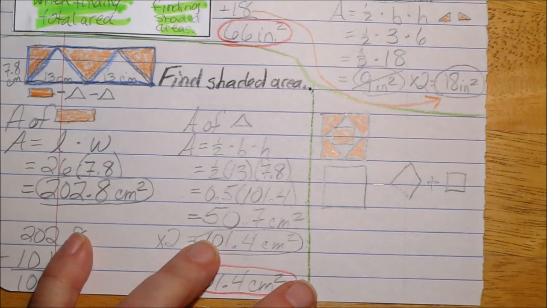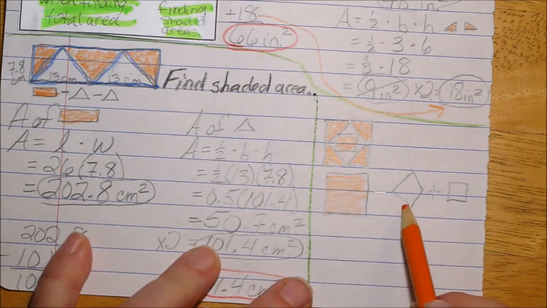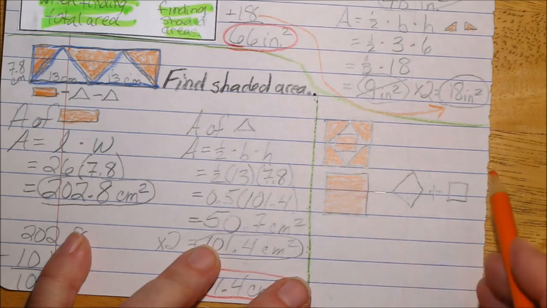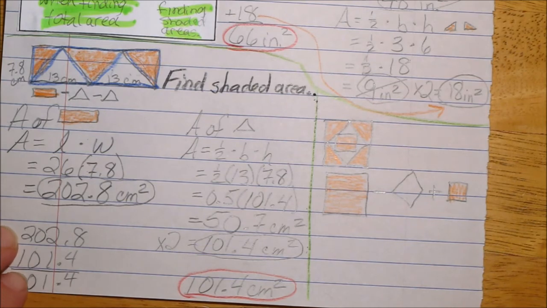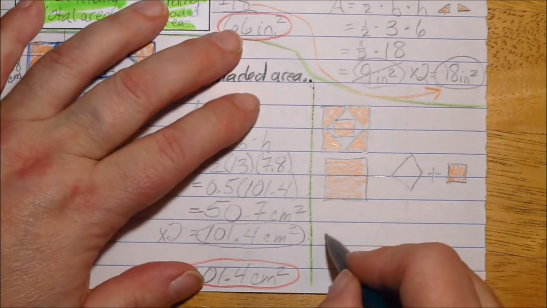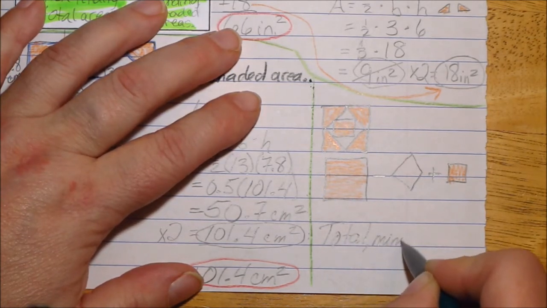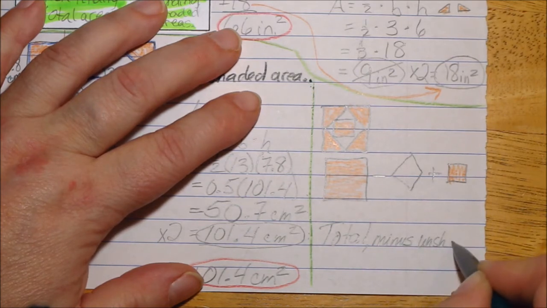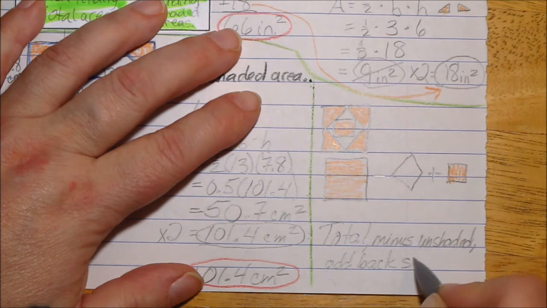So you're thinking, I need the area of the total shape minus this area that's not shaded, plus the area in the very center that is shaded. All right? So I'm going to write down here some notes. It's total minus unshaded, add back shaded middle square.